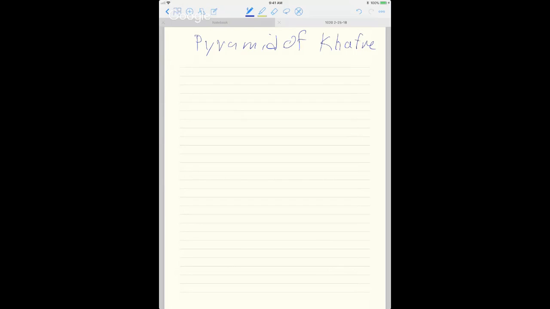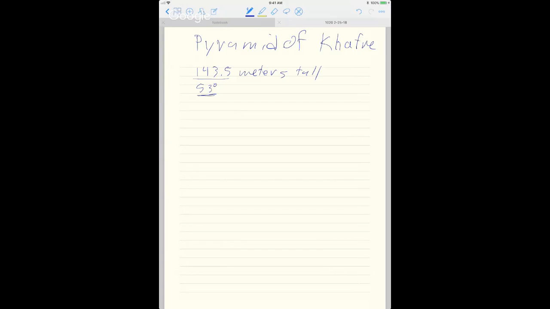Okay, so what we know about the Pyramid of Khafre is that it is 143.5 meters tall, and the angle that it slopes up at is 53 degrees. So that's pretty sharp, but you notice it's not a huge pyramid either.